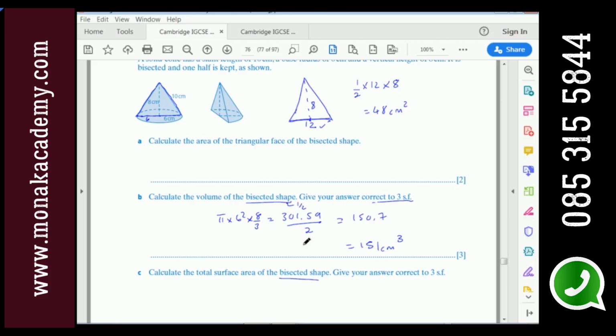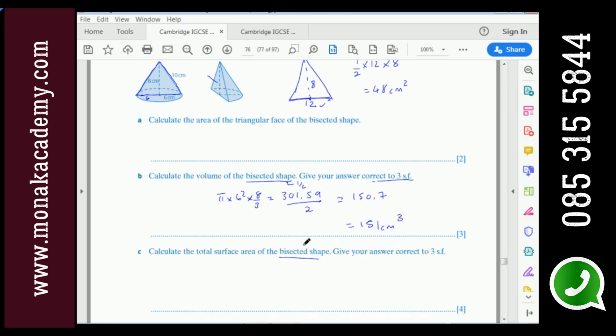Okay, name the shapes of this. This shape is called what? Triangle. Did you already calculate the area of the triangle? What was question A saying? Calculate the area of the triangular face. So you already have it, right?